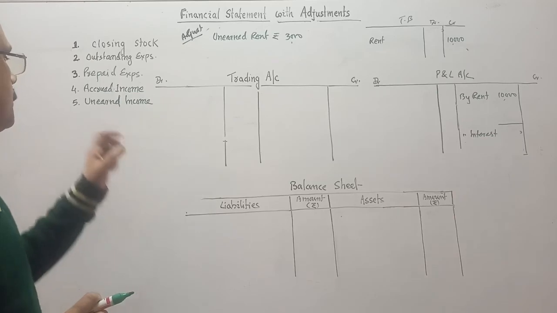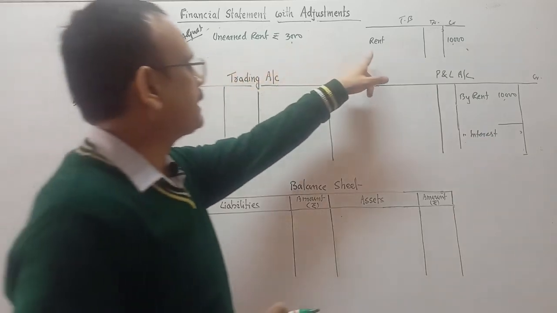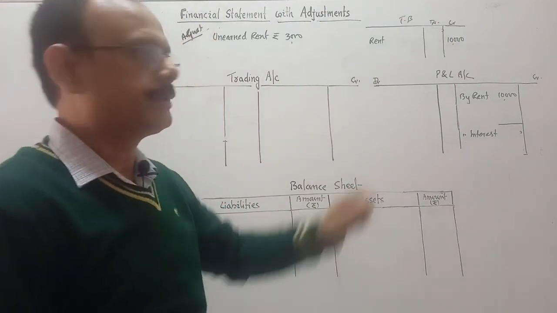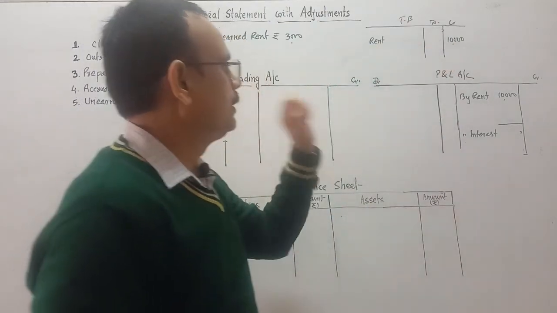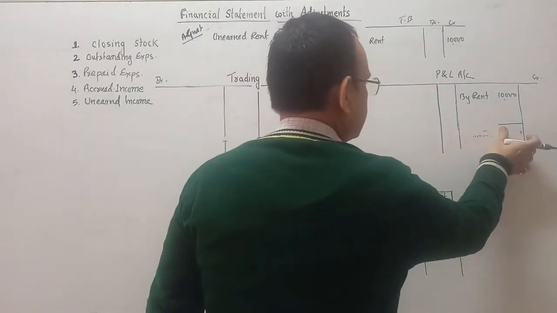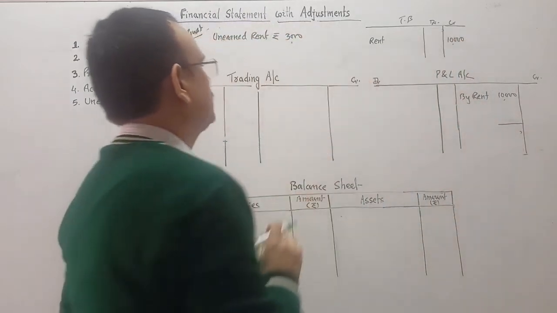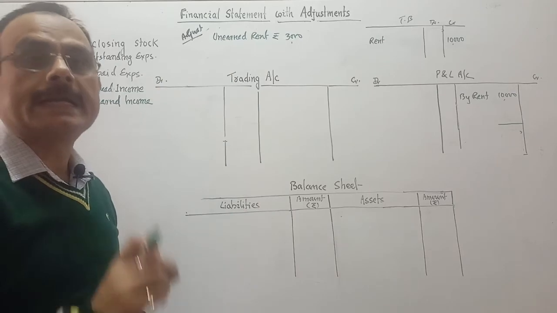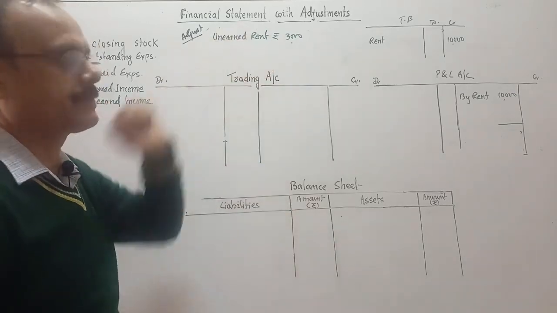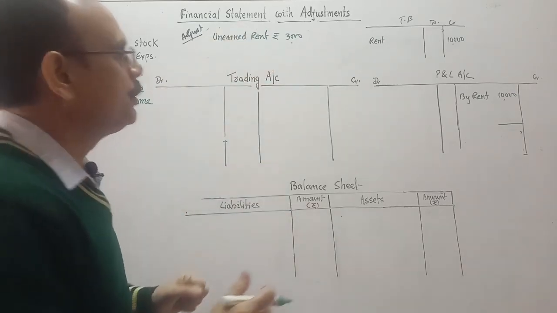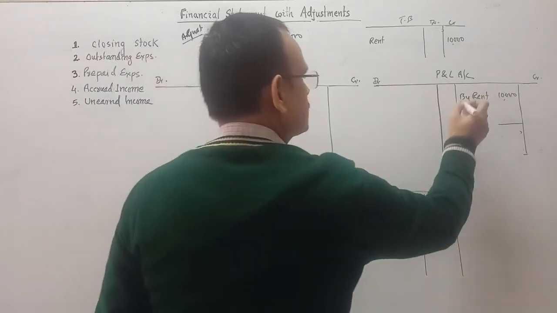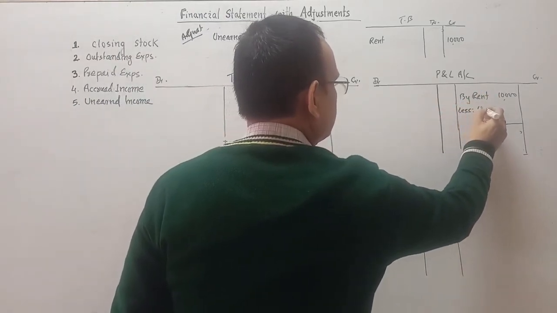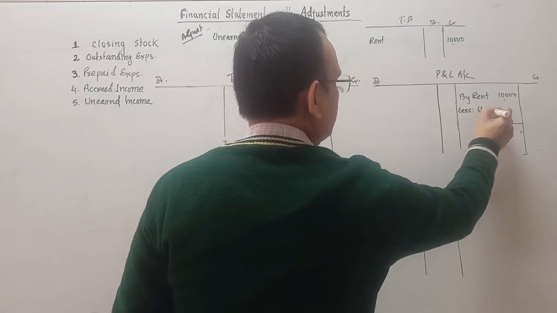Okay, suppose in the trial balance rent is 10,000 in the credit side. This is the rent received. This is the indirect income. Rent in the credit side is 10,000, and in the adjustment it is given that unearned rent, or rent received in advance, is 3,000. Then what we'll do is write the rent 10,000 and deduct the unearned rent from that amount.